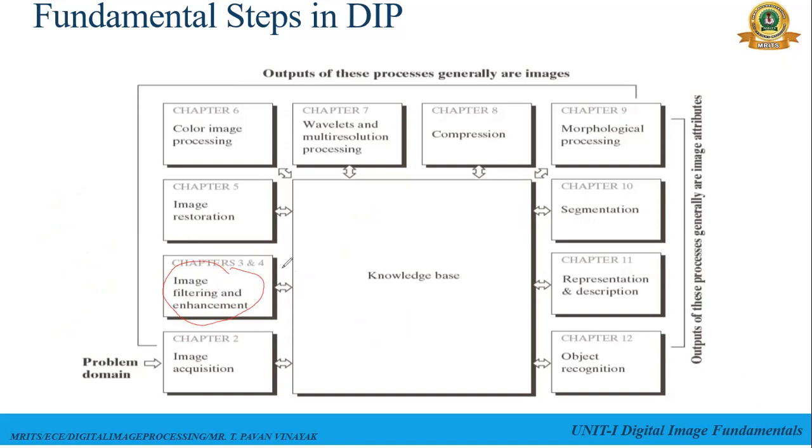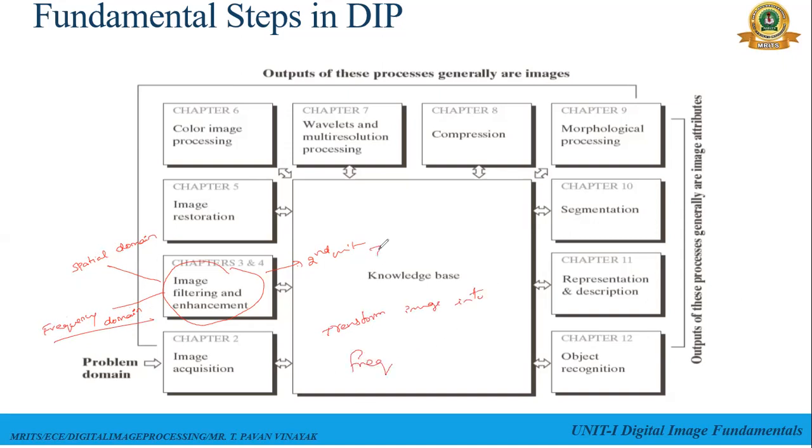In the entire second unit, we will learn about image enhancement techniques. Mostly the modification of pixels can be done in the spatial domain, meaning directly on the image. The second one is the frequency domain, where first we have to transform the image into the frequency domain.